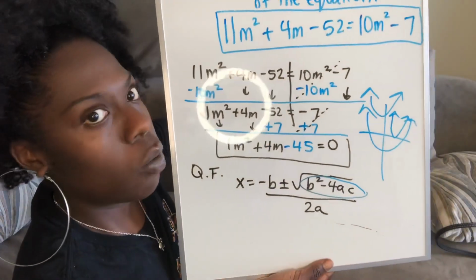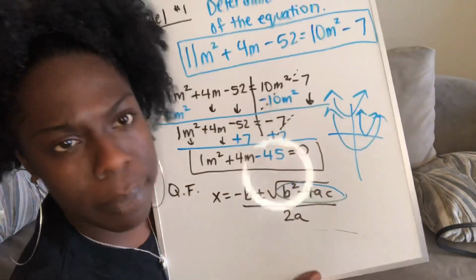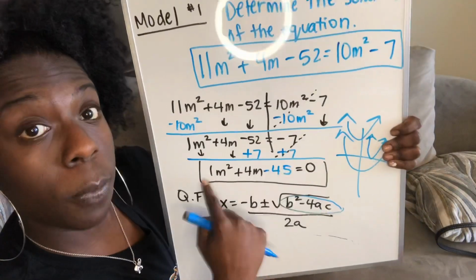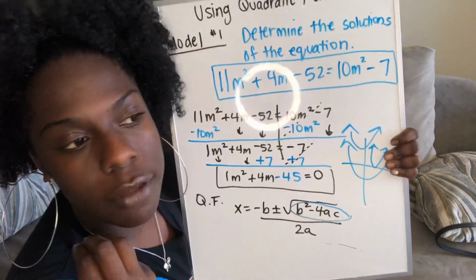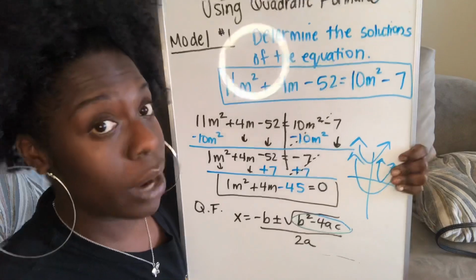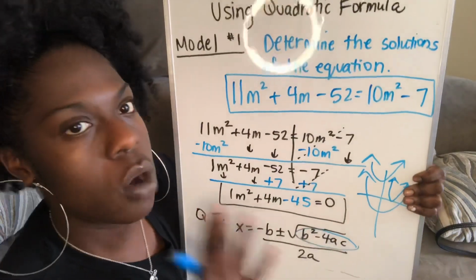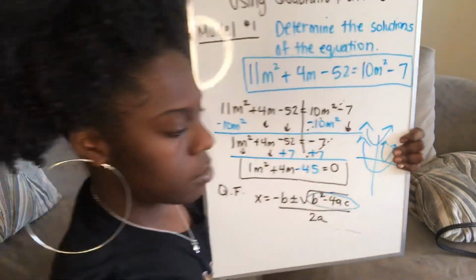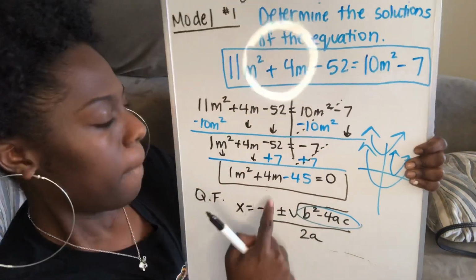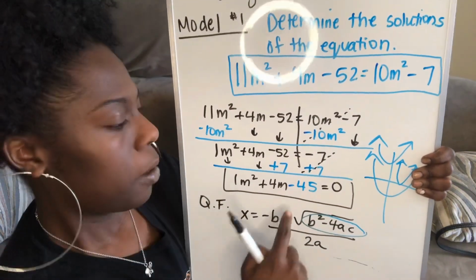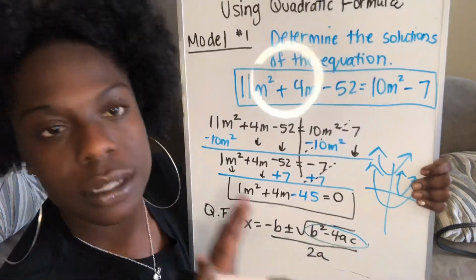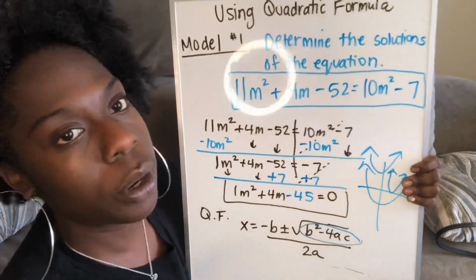So now, where do I get these numbers to plug in b squared minus 4ac? Well, we go to our original problem. If it's in the format of ax squared plus bx plus c equals f of x, the quadratic equation, then we already know what our a, our b, and our c are. So if I look at my problem, I have ax squared plus bx plus c. Okay, now of course they're not going to be x's, they're not always going to be positive, but those are still the representation that we're going to be using.